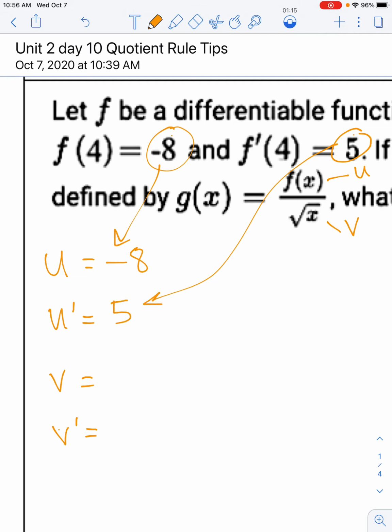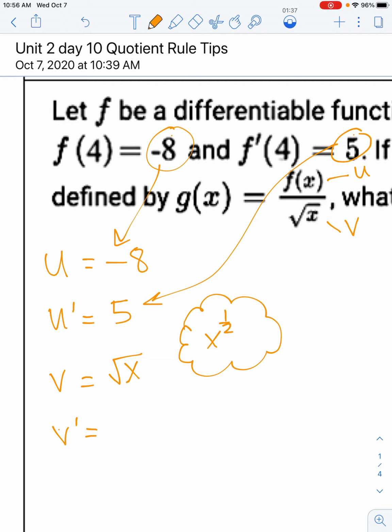And then the bottom is the square root of x, and in our brain, we think about that like x to the half power. And so then we can differentiate it in this organizer, and it makes it easier to figure out the answer for the derivative of that quotient.